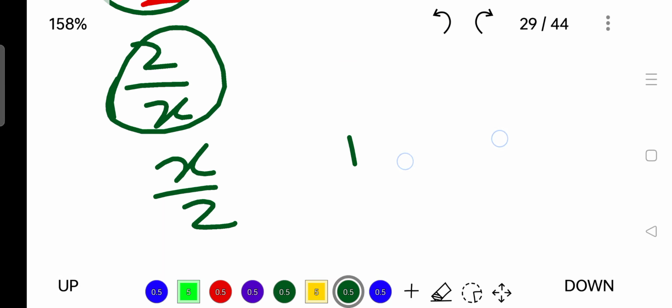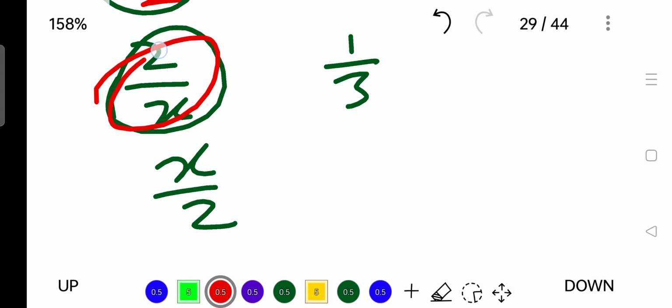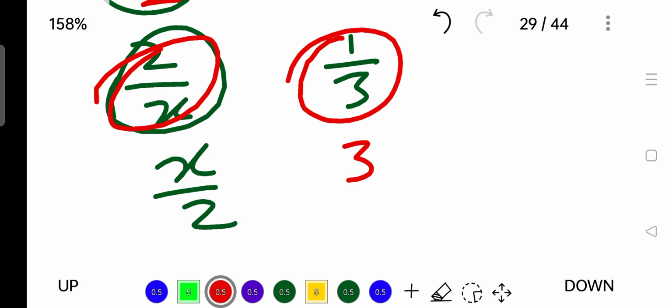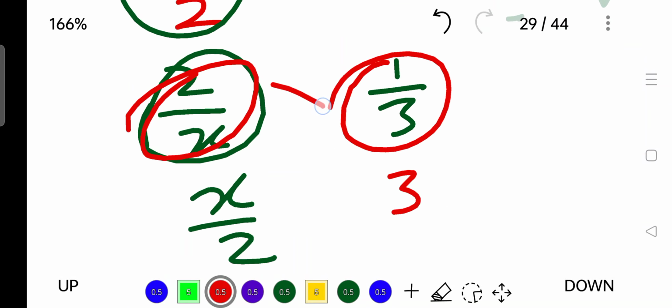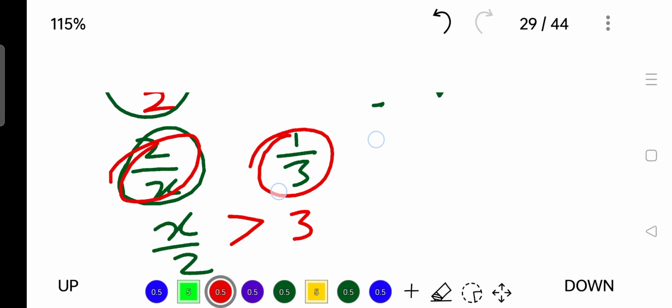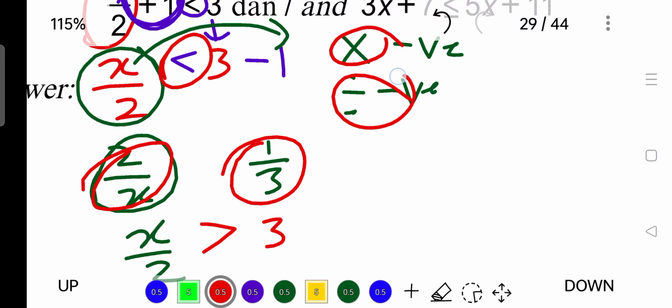Okay, for example, here is 1 over 3. So what I can do is here I flip, here also I can flip. So 1 over 3 will become 3 over 1, or just simply 3. So if the symbol here is less than, over here it will become greater than, right? So these are the 3 places where your symbol will change.